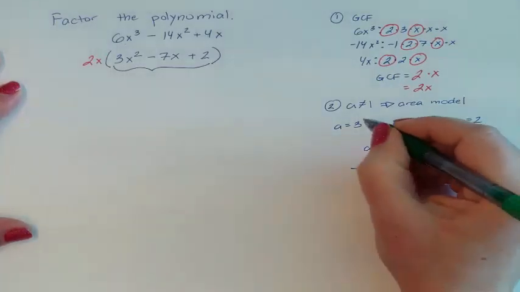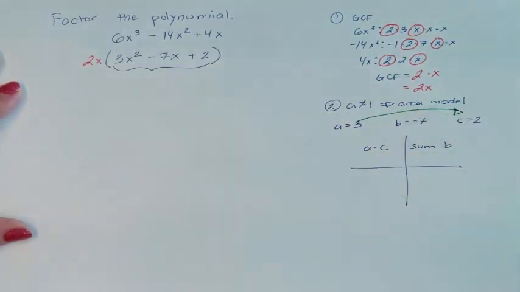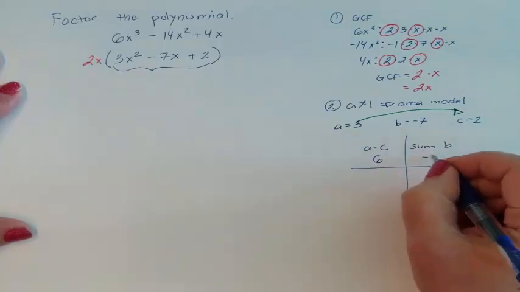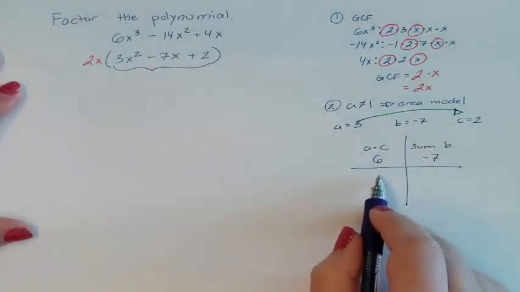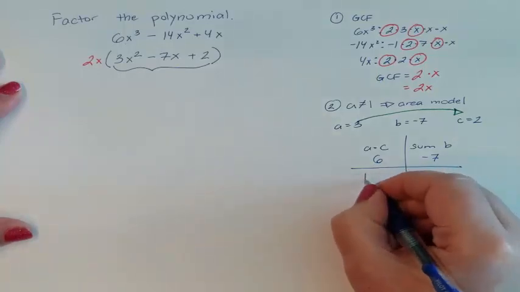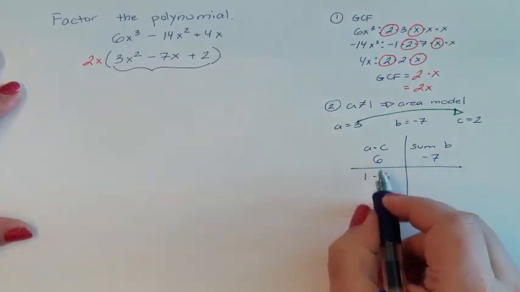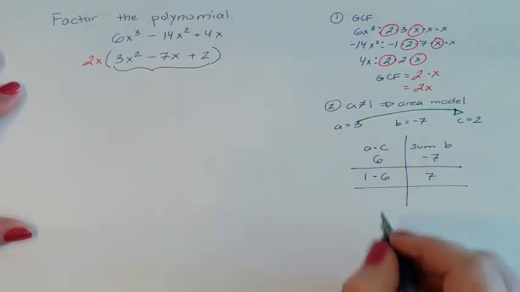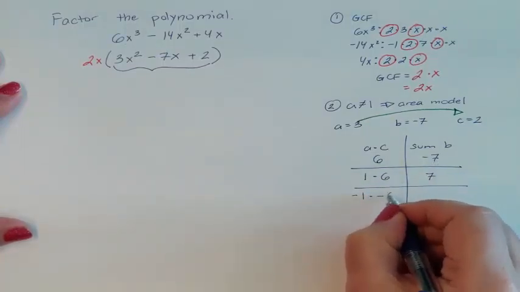So my a of 3 times my c of 2 gives me 6. My sum of b is negative 7. So I need to come up with all the ways that multiply to give me 6. I know 1 times 6 gives me 6, but if I add these two numbers together, I get 7, not the number I wanted. But what about negative 1 and a negative 6?